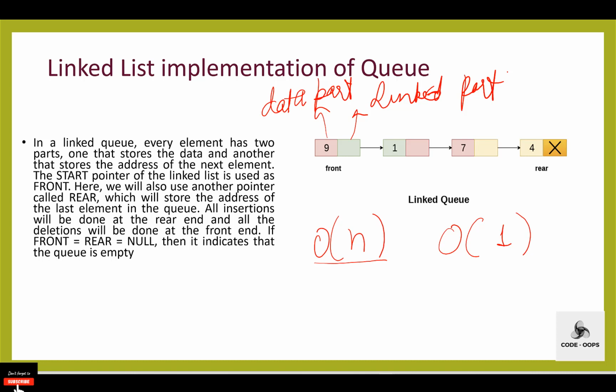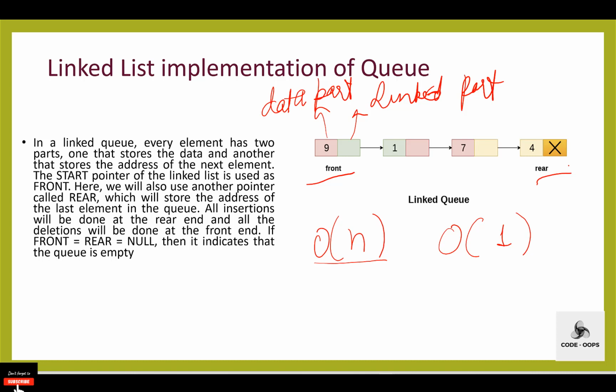In the linked queue, two pointers are maintained in the memory, that is front pointer and rear pointer. The front pointer contains the address of the starting element of the queue, while the rear pointer contains the address of the last element of the queue.